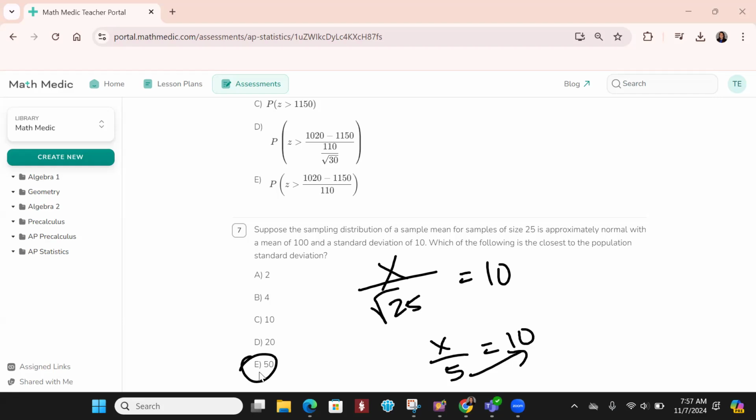It would be take all of your sample and divide by how many things you had. Sigma squared divided by n plus sigma squared divided by n. Take the whole thing square root. Okay.